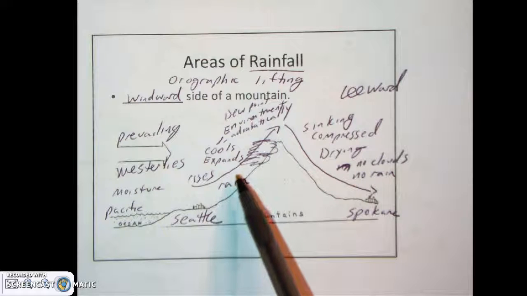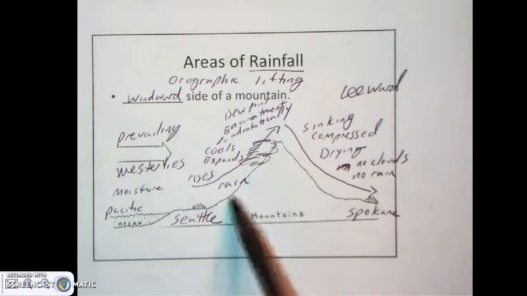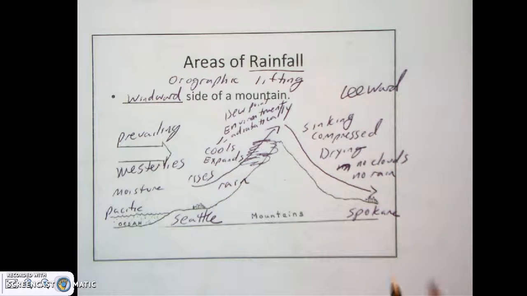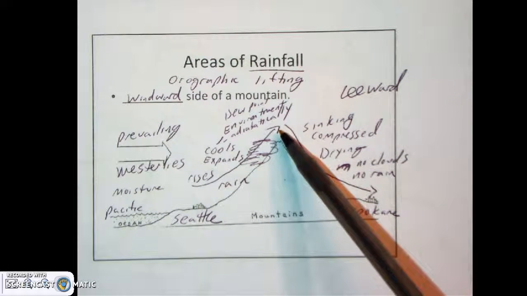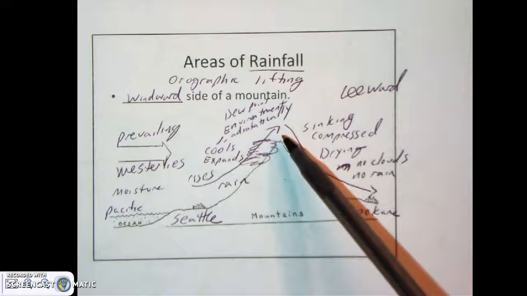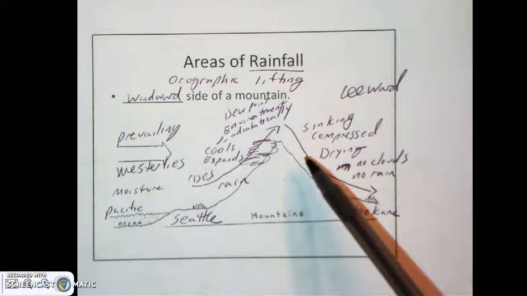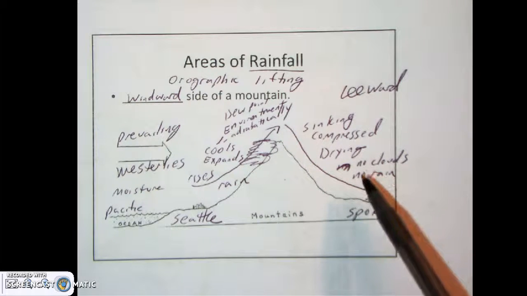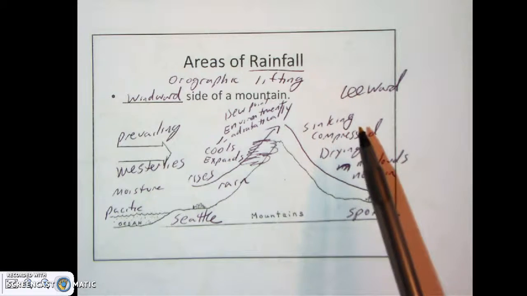As it rises, it expands and cools, reaches the dew point, we get clouds and precipitation, and we end up with a lot of rain for a place like Seattle. But once the air moves over the top of the mountain, it does the opposite of what is needed to form a cloud. It starts sinking, it's getting compressed, warming up, drying out, and you're not going to get any clouds on the leeward side of the mountain.